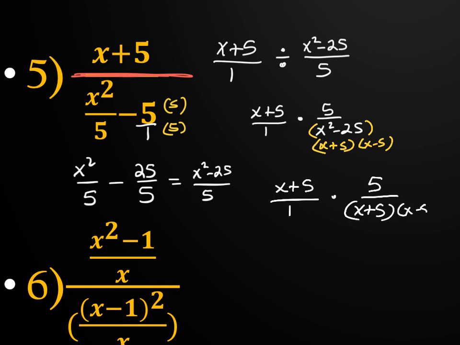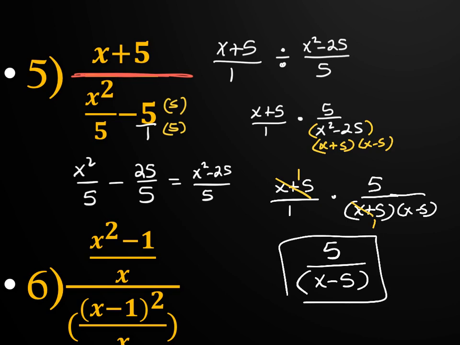And now I look for things to simplify. The x plus 5's simplify. And now I multiply what is left over. So 1 times 5 is 5, and 1 times x minus 5 is x minus 5. So that's number 5.